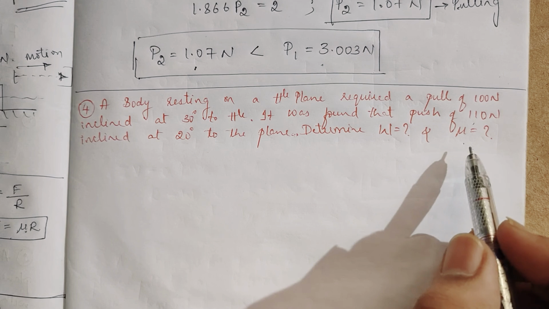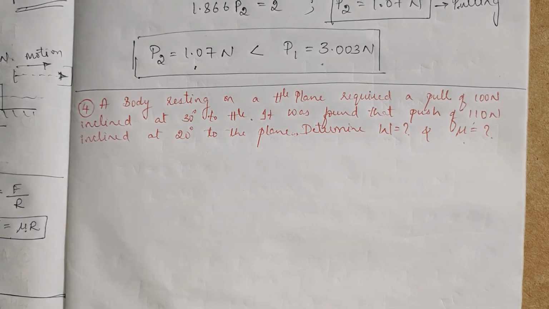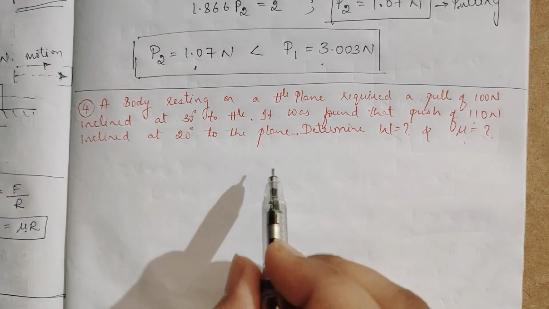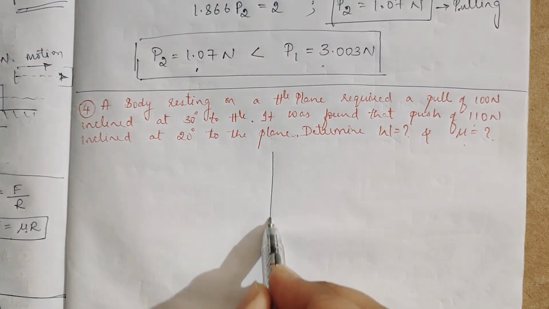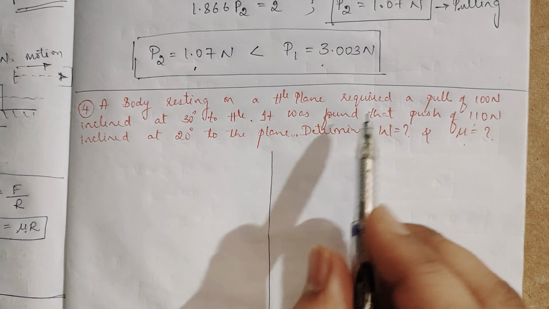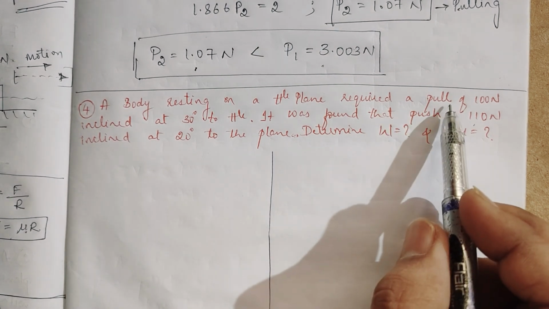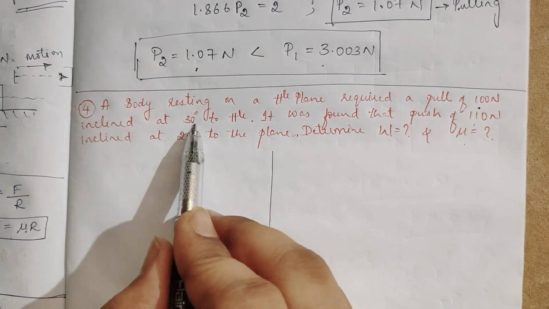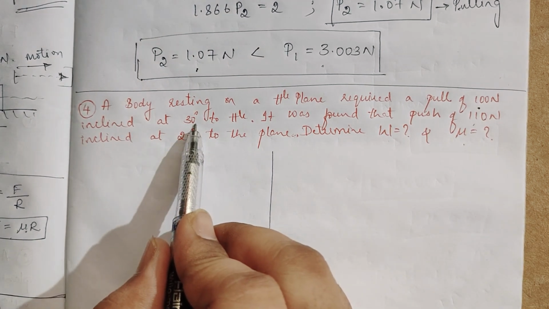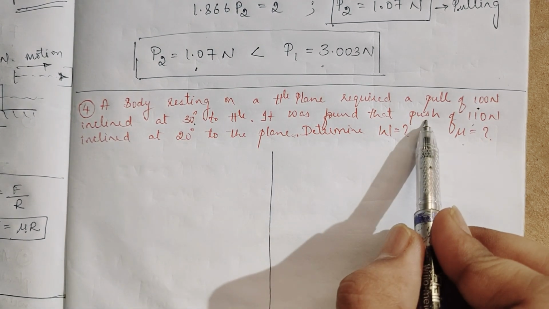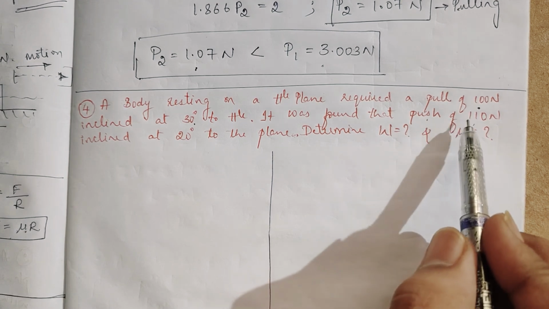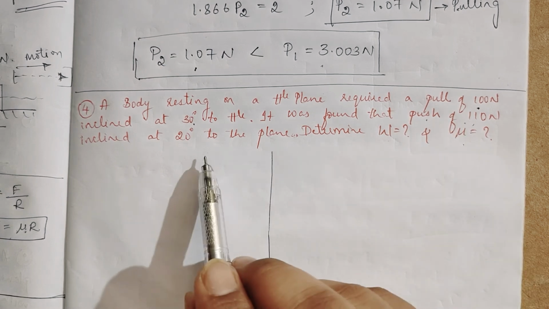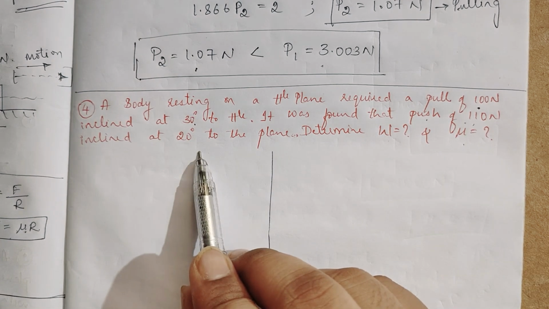Okay, in this question, what they are telling is the body is just about to move. It was pulled with 100 Newton at 30 degrees to just move, and in the case of pushing, it required 110 Newton at 20 degrees to move the body on that plane.